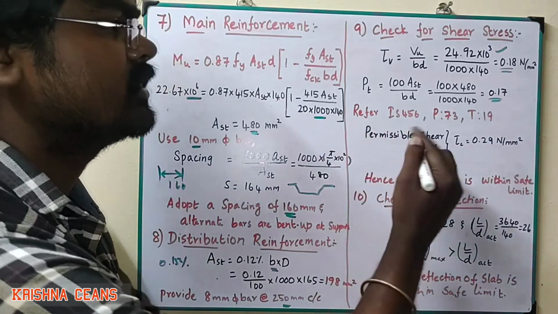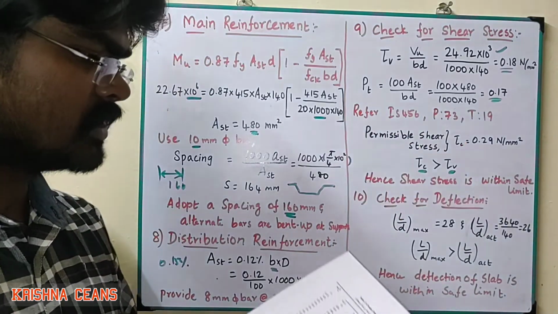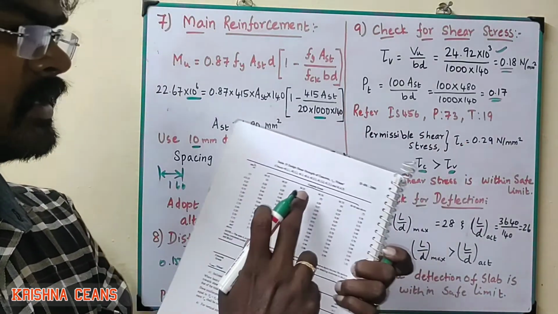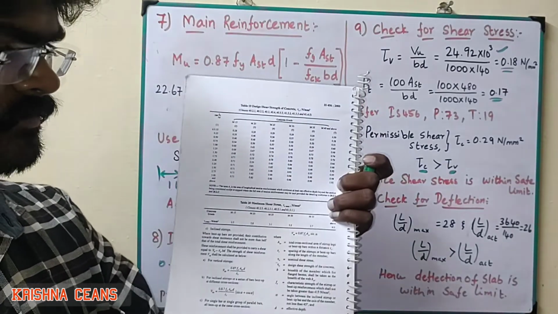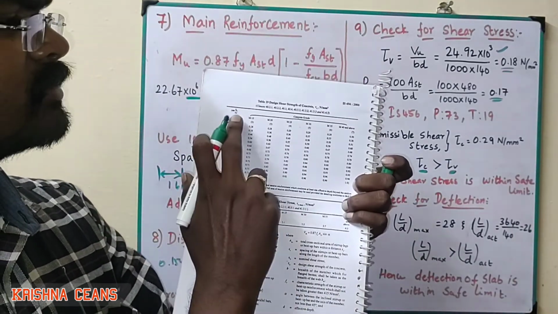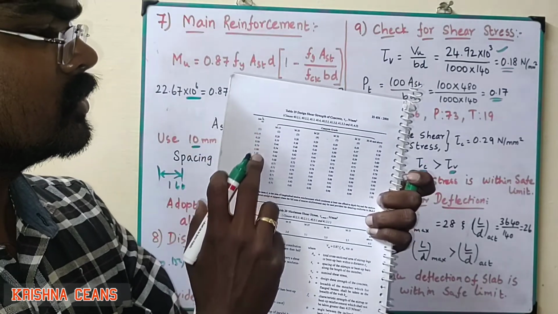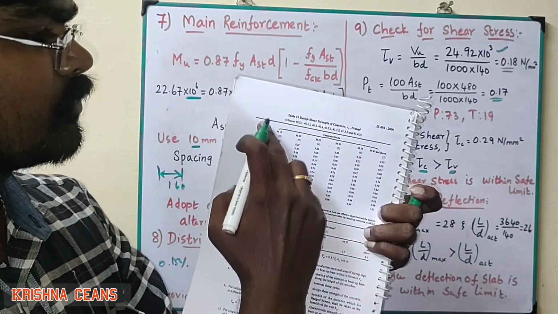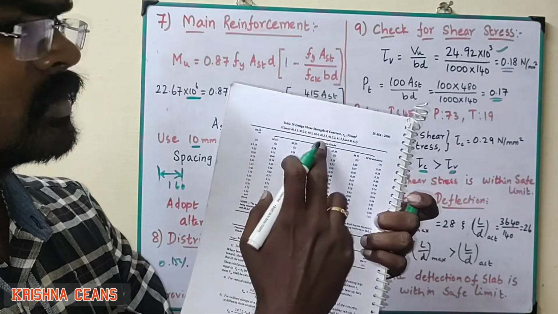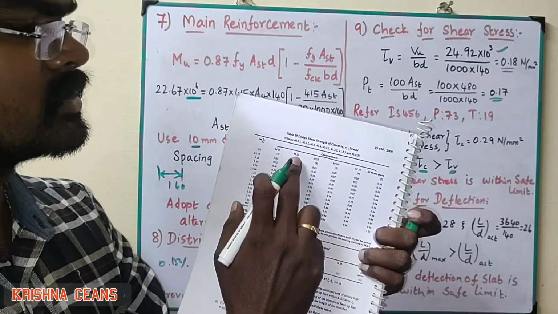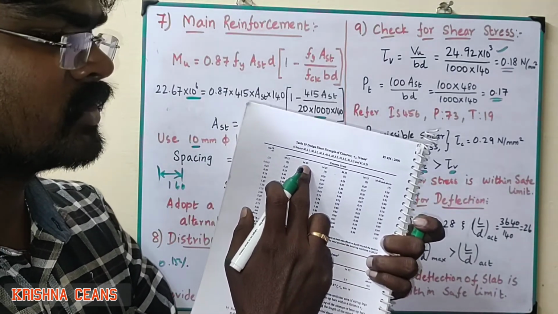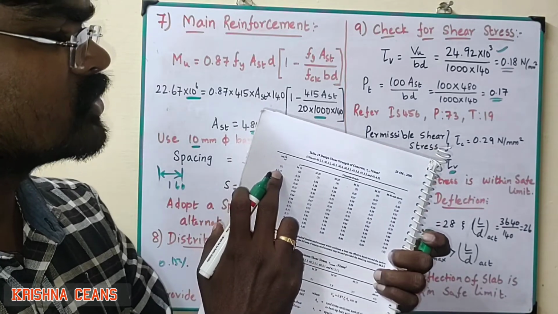So we have to refer IS 456, page number 73, table number 19. So this is IS 456, page number 73, table number 19. They provided the formula 100 Ast by bd. Here the pt value is given, concrete grade is given. Since our design problem is M30 grade of concrete, our pt value is 0.17.